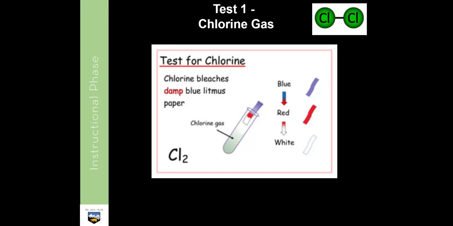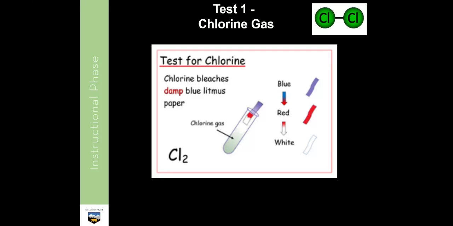The first test you need to know about, there are 4. The first one we're going to look at is chlorine gas. Now remember, chlorine is in group 7 on the periodic table. It's a halogen and it exists at room temperature as a gas. The chemical symbol for chlorine gas is Cl2, so there are 2 chlorine atoms joined together in a molecule.